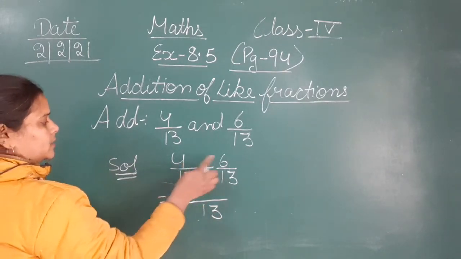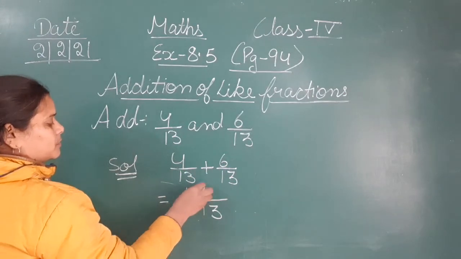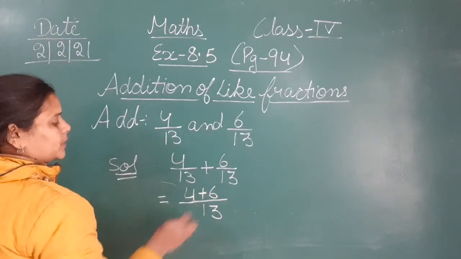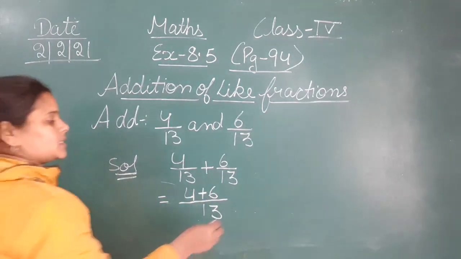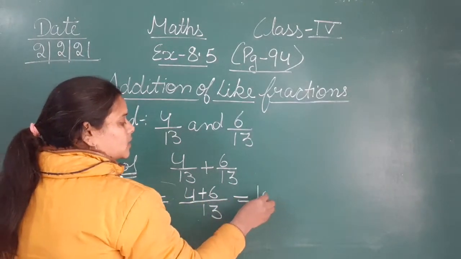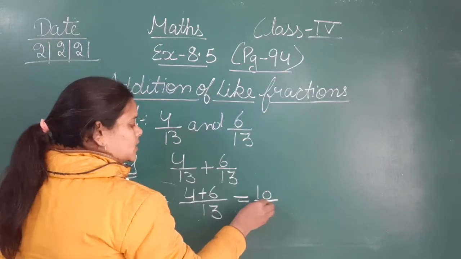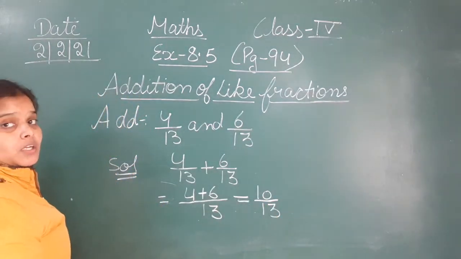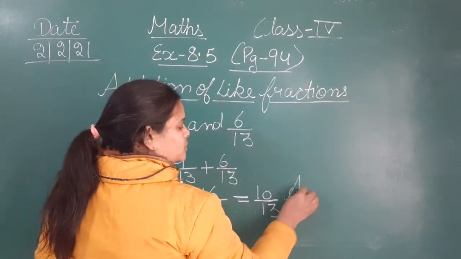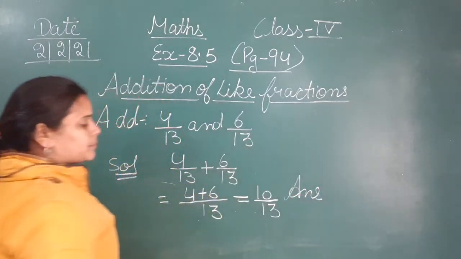Then add both, 4 plus 6. अब इन दोनों को add करिए. 4 plus 6, that is 10. Denominator is 13. So the answer is 10 upon 13.